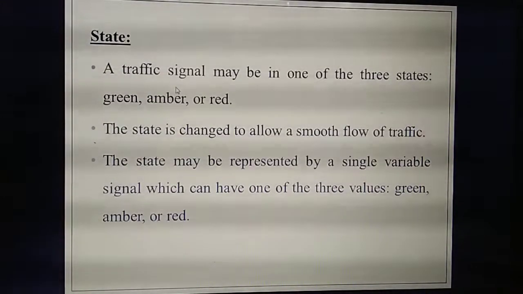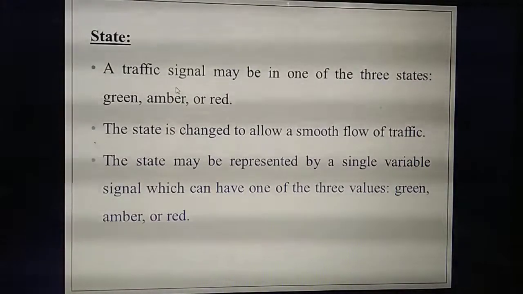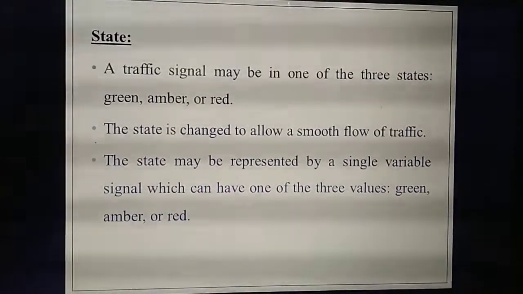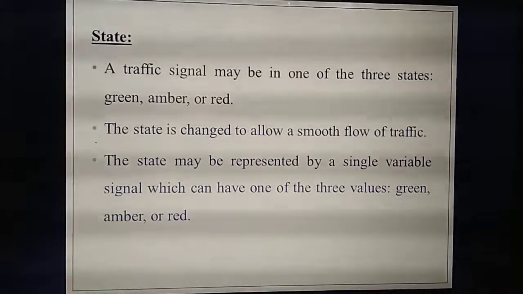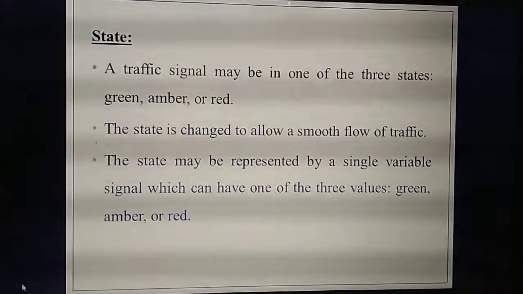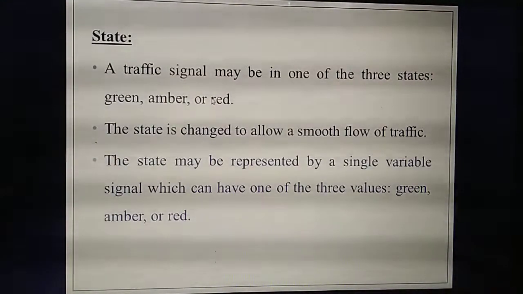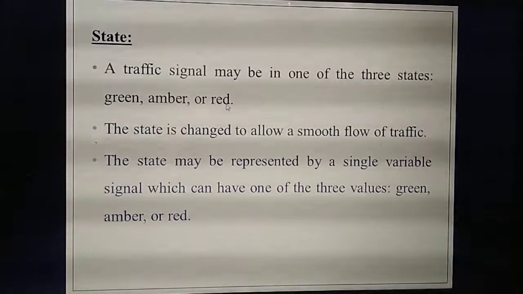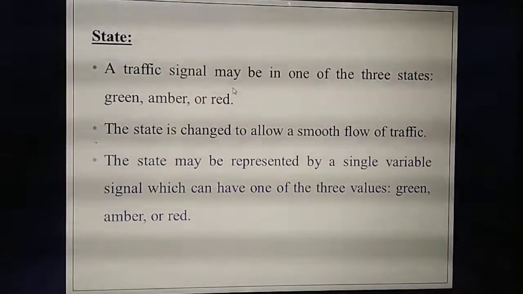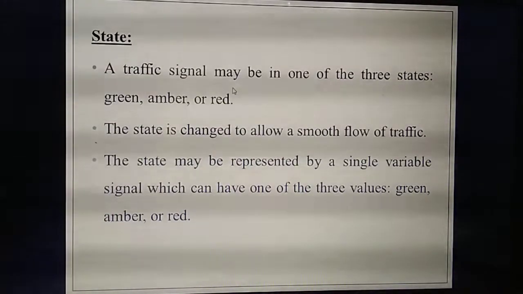State means the variables you are declaring in an algorithm. For a traffic signal, how many colors will be there? 3. Green, amber or red. So how many variables do you need? 3. One for green, amber and red. Understand?